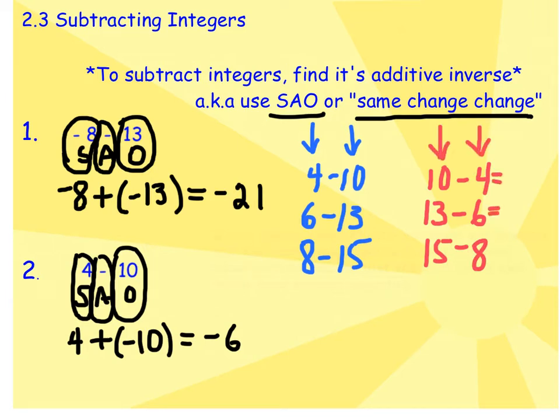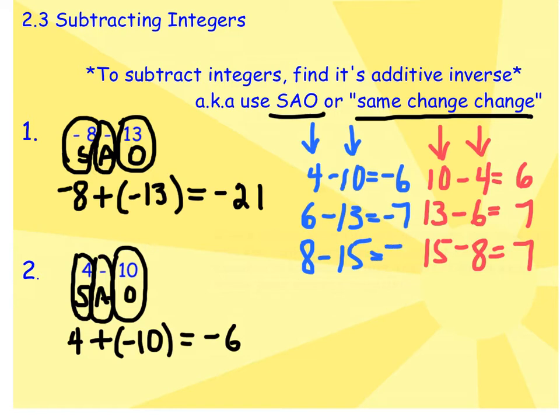So what type of answer do I get when I take a big number minus a smaller number? I get positive answers. So what do you think is going to happen if I were to reverse the order? 4 minus 10, 6 minus 13, and 8 minus 15? I'm going to get negative answers.